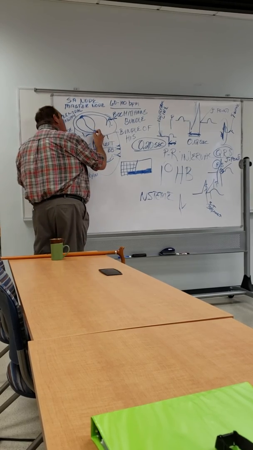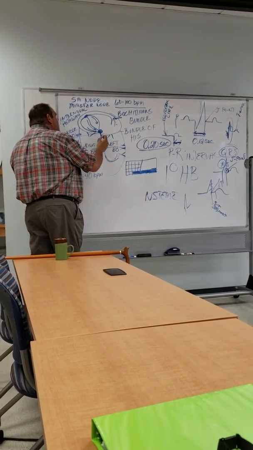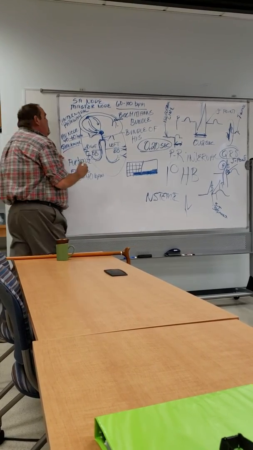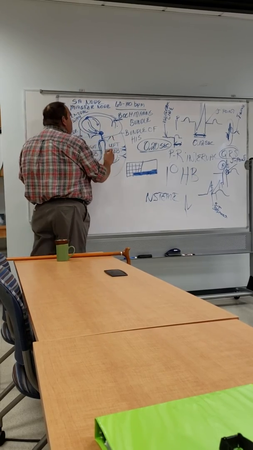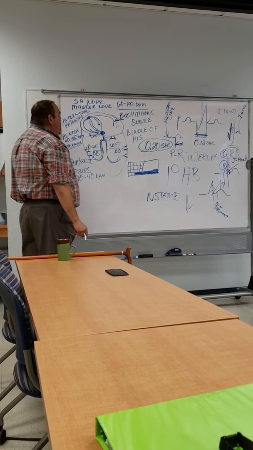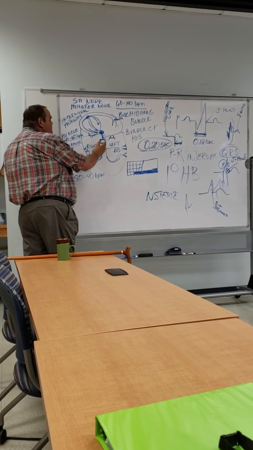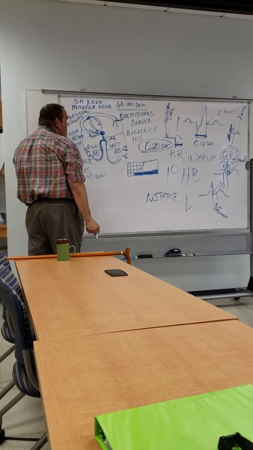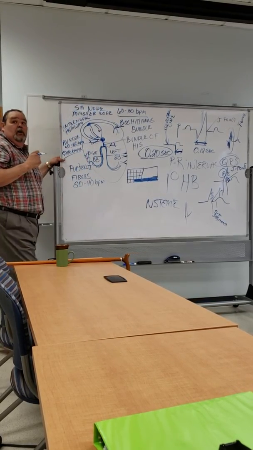Your AV node right here holds that impulse long enough for the ventricles to fill with blood and to shut the valves, your tricuspid and bicuspid or mitral. Then it releases that impulse down the bundle of His to the left and right bundle branches, to cause the contraction of the ventricles. I know this is right and that's left.